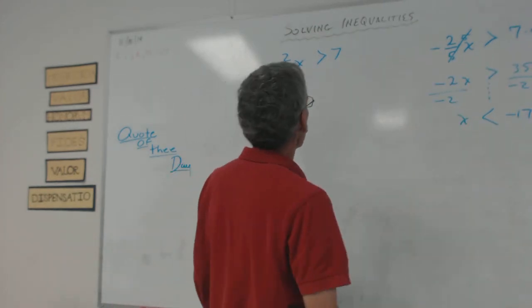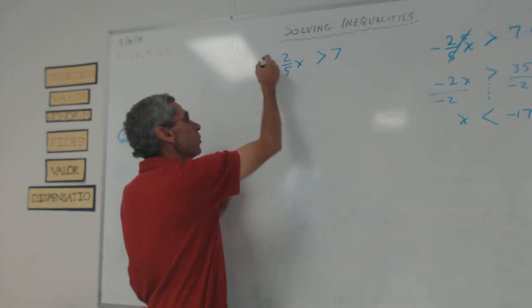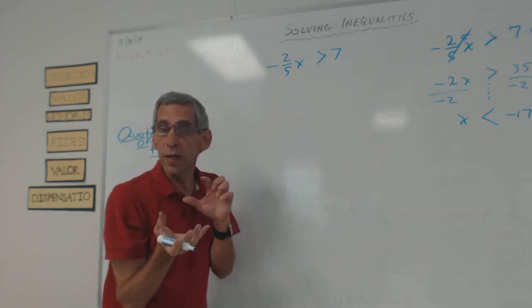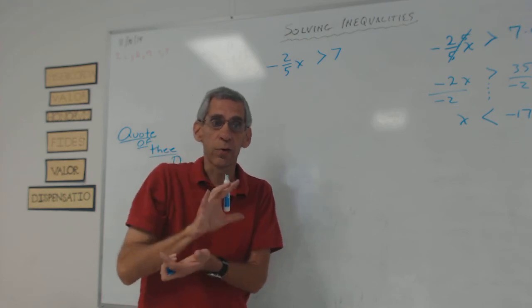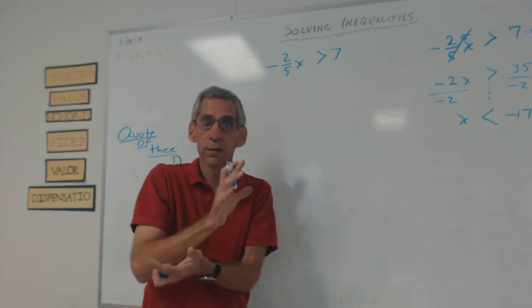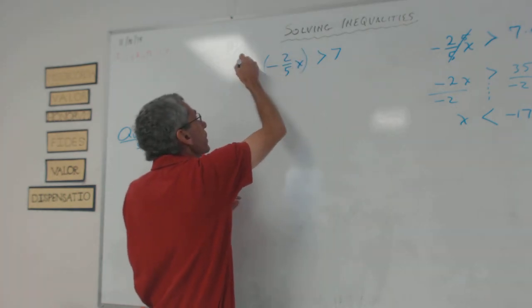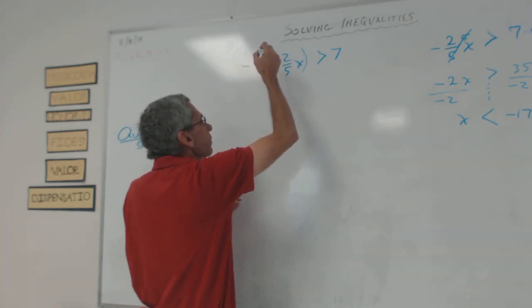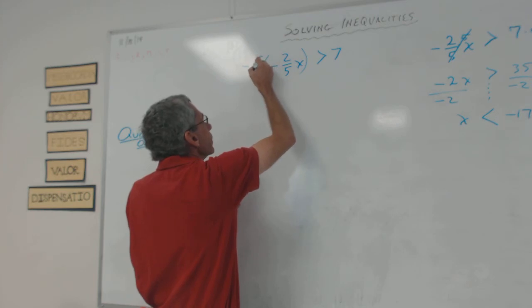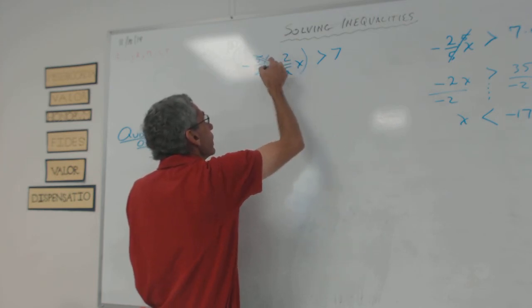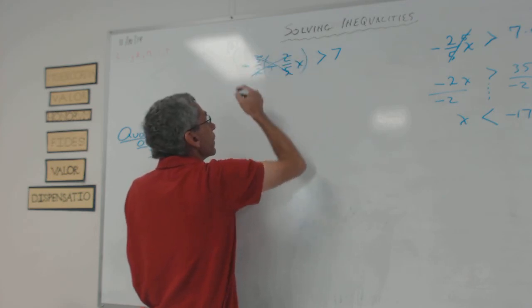The other way I could do it is multiply by the reciprocal. I could multiply both sides by negative 5 halves. Then the 5s cross out, the negatives become positive, the 2s cross out.